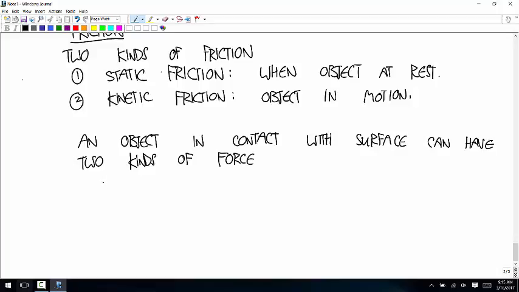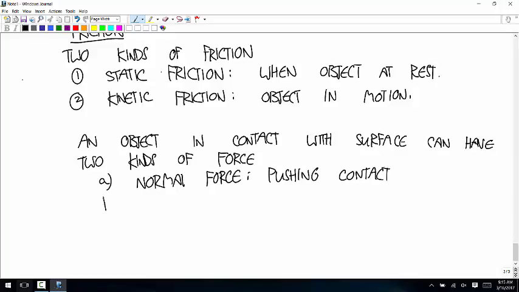The first one is the normal force. That's the pushing contact between the object and the surface. And the friction force that's parallel to the surface.